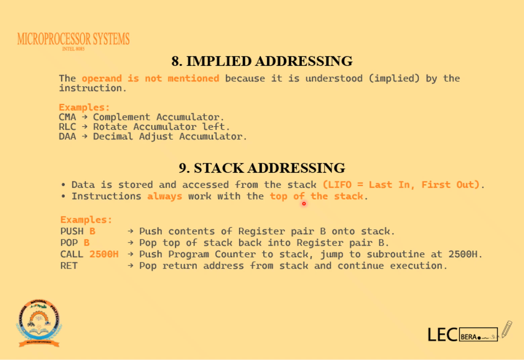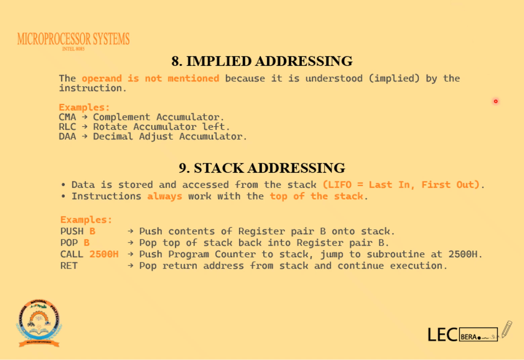And the work of this memory, which we normally call the stack, is to hold the data which we are currently working on and which we finished working on the last time. So what I'm trying to say is a stack is a special memory inside RAM, and its work is to hold data which we are currently working on, or the data which we finished working on in the last round.